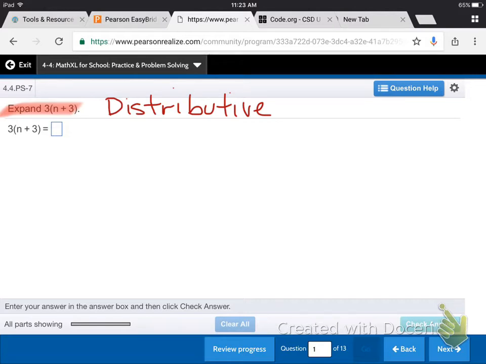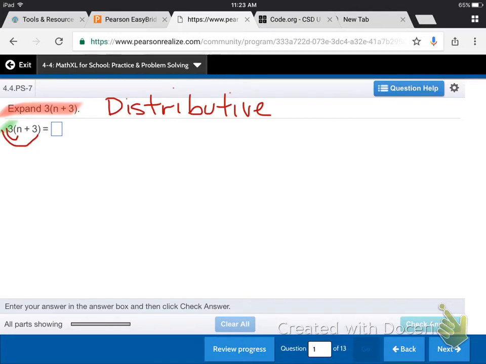There we go. So in this case, the 3 has to be multiplied by the n and by the 3. So we have to multiply all of that together.